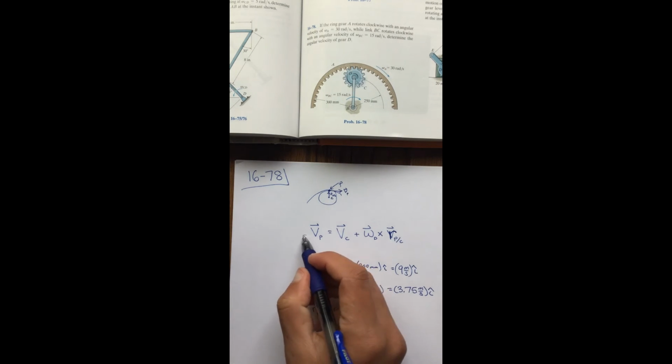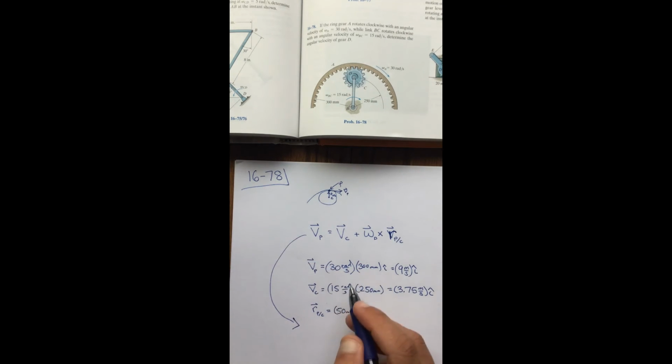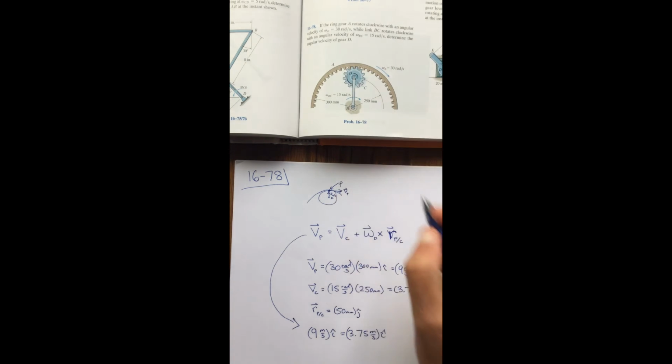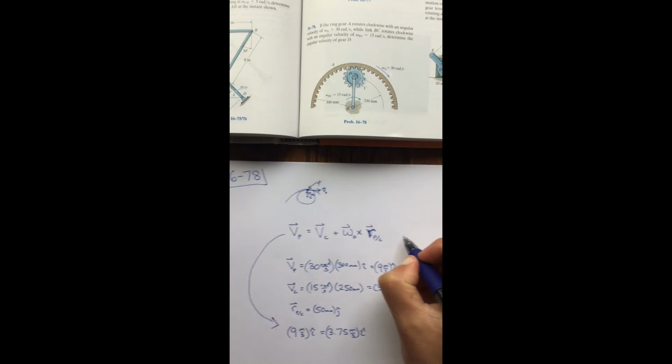So now I can write this equation again. VP is 9 meters per second in the i hat direction, VC is 3.75 meters per second, also in the i hat direction. I need to know something about the direction of the angular velocity. It's either in the positive k hat direction or the negative k hat direction.